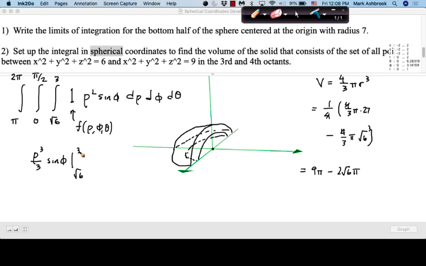And what would that be? That'd be our 9 sine phi minus 2 radical 6 sine phi. Check my math. Is that right? And then now we have d phi, d theta, double integral.